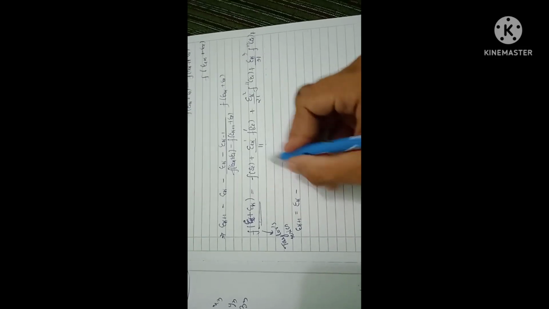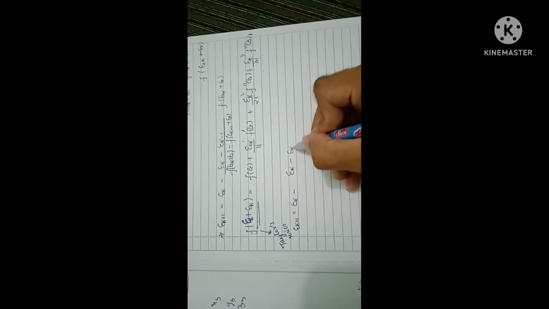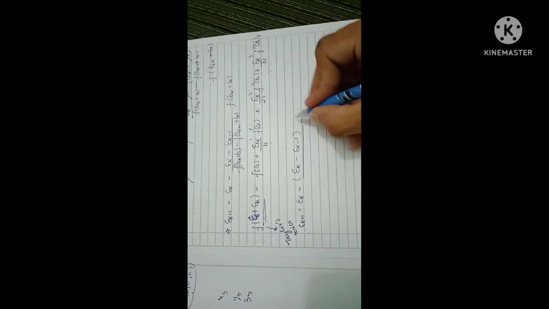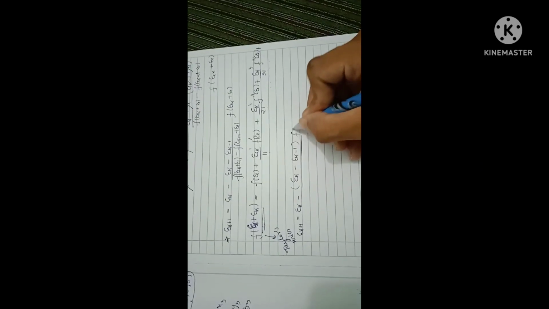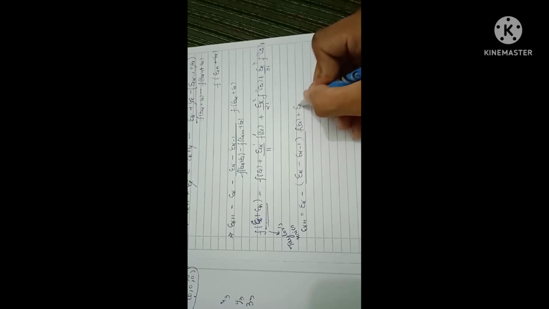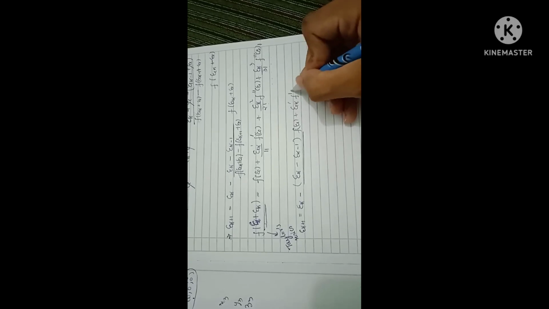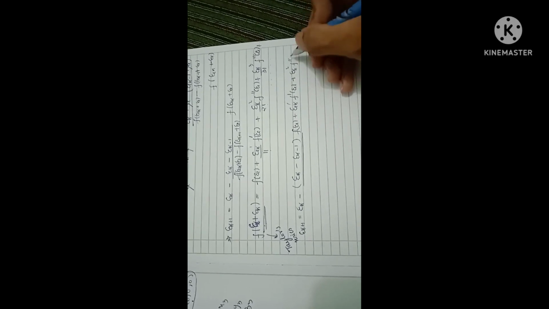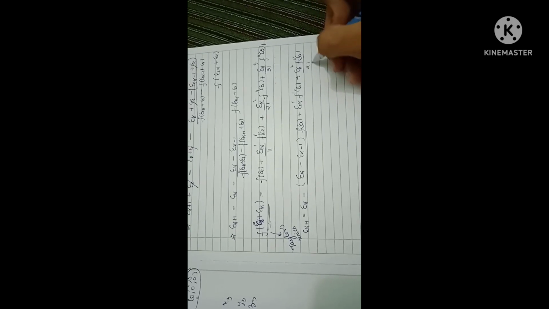e k minus 1 upon, if we do this, then f of epsilon plus epsilon k f dash epsilon plus epsilon k square f double dash epsilon upon 2 factorial, and so on.